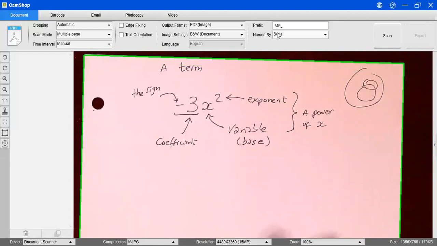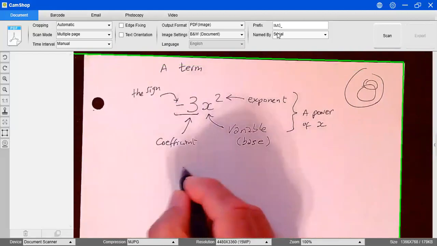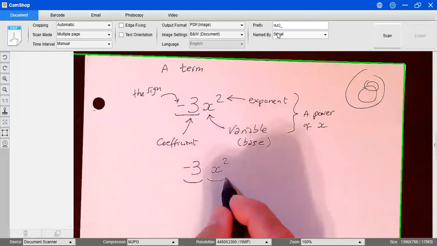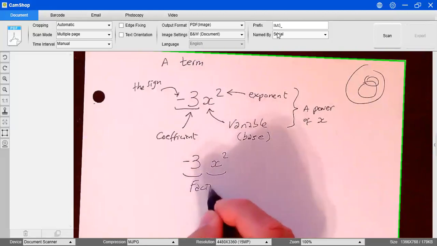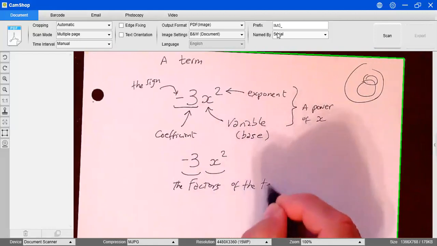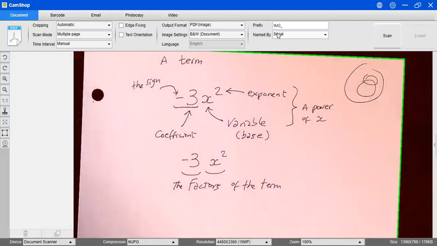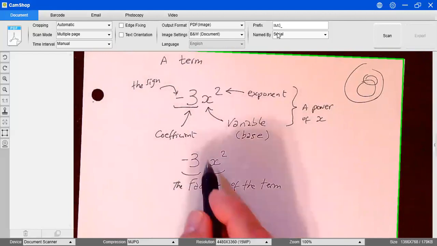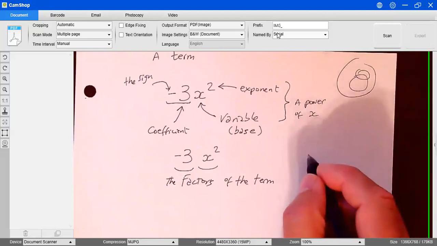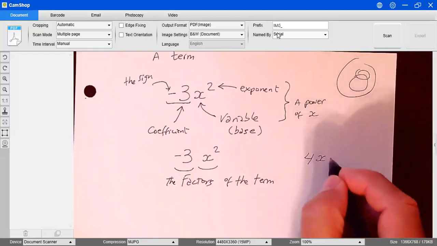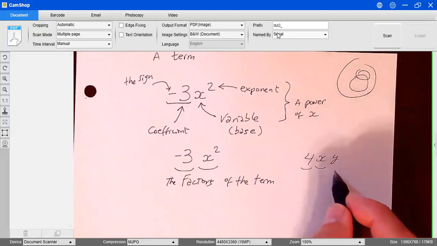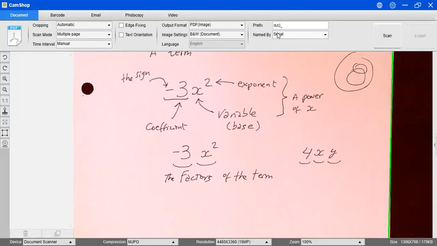And also you have here -3 multiplying x squared. So these two are factors, the factors of the term, because they are multiplying to each other. So this is the first factor, this is the second factor. If you had something like 4xy, then you can say that 4 is a factor, x another factor, y is another factor.